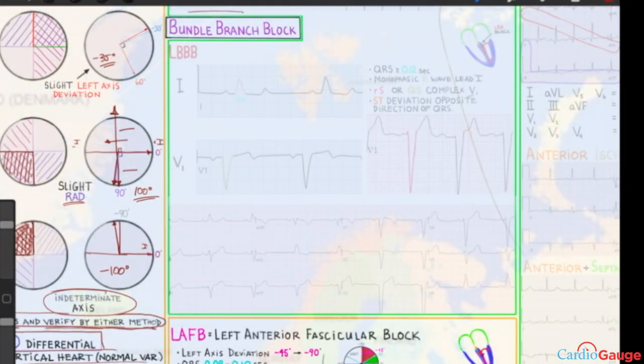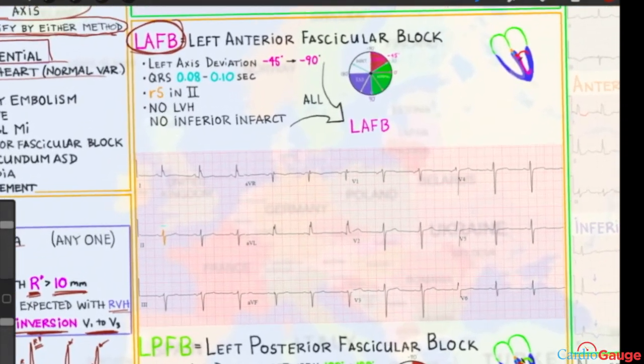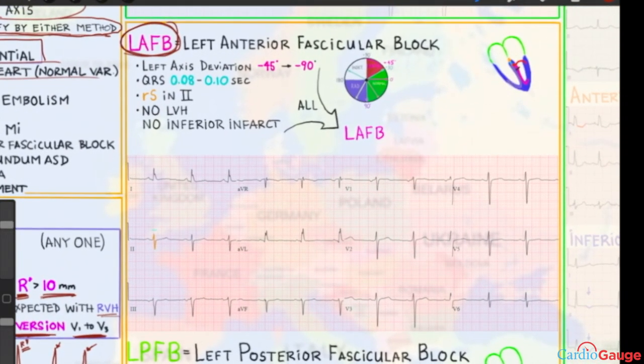Moving on to the bundle branch block portion of level 2. So the first item in that is going to be left anterior fascicular block. Left anterior fascicular block.